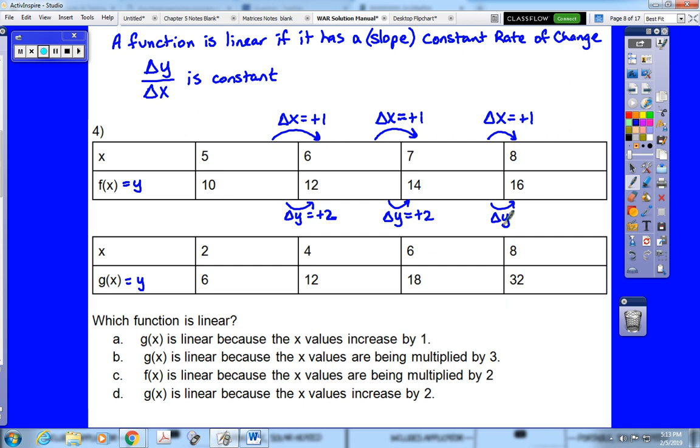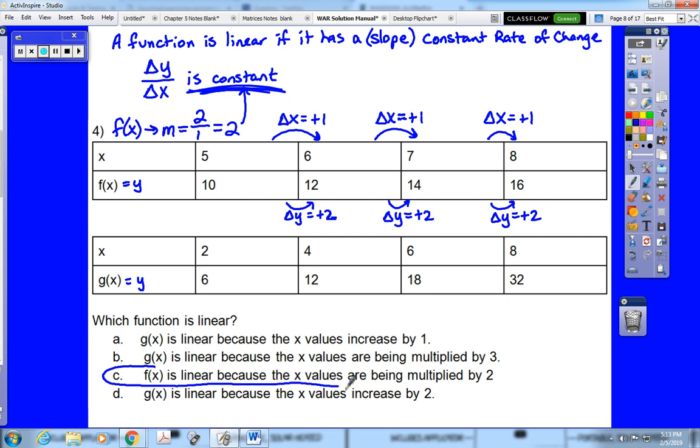It's a change in y of positive 2. So f of x has a slope of 2 over 1, or 2, which is constant. So f of x is linear, period. So if you look at your answers, the answer is C. It has to be C.